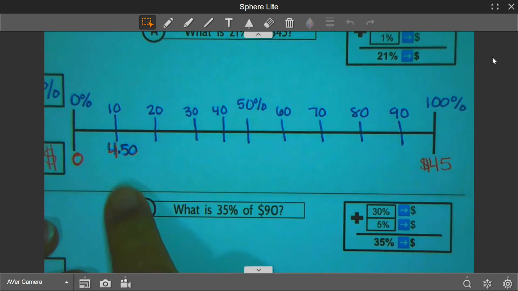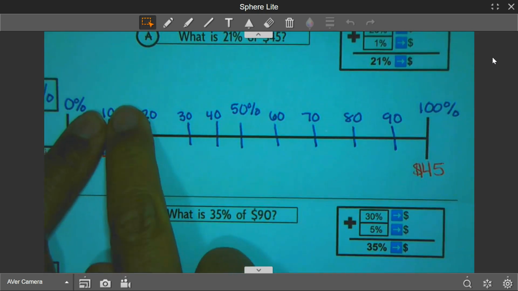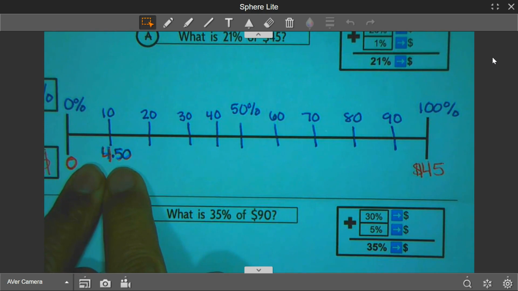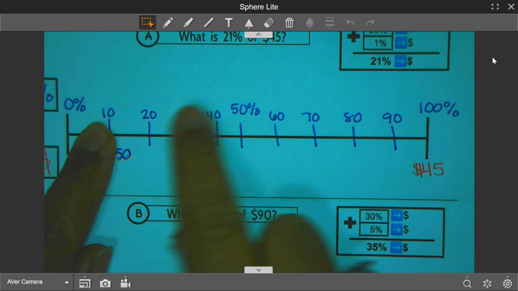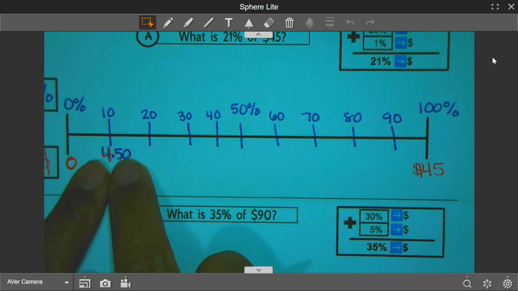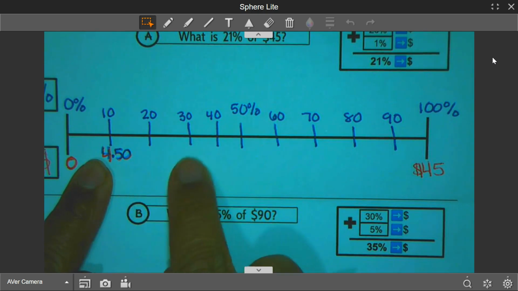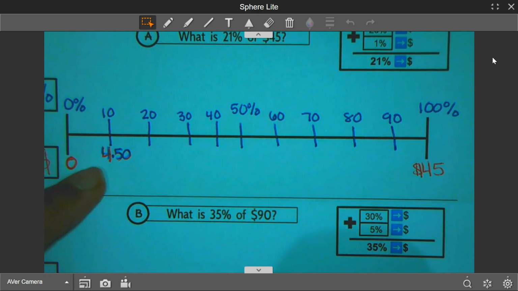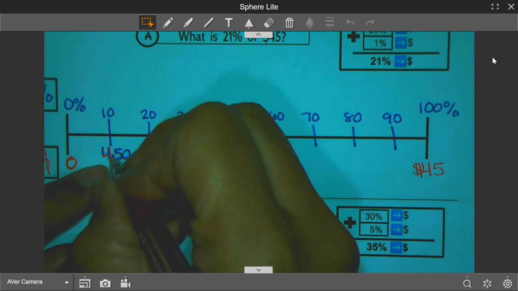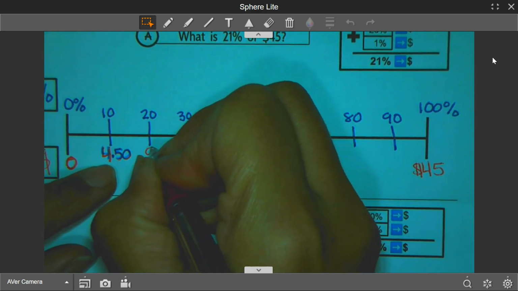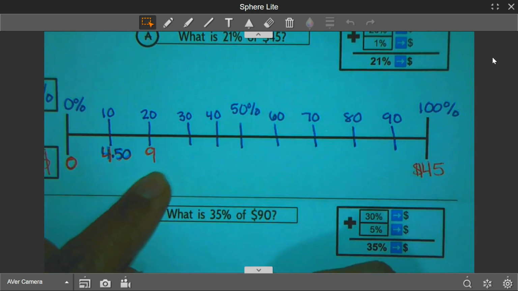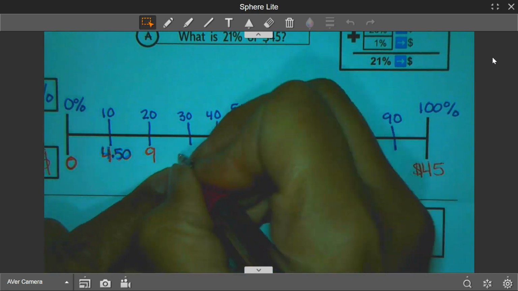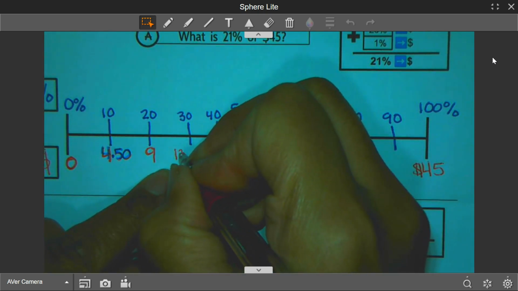Okay, so then that means my ratio is 10%, $4.50. The top went by tens, so the bottom will go by $4.50. If I had $4.50 and I need to add another $4.50, that gives me $9. Add another $4.50, $13.50.